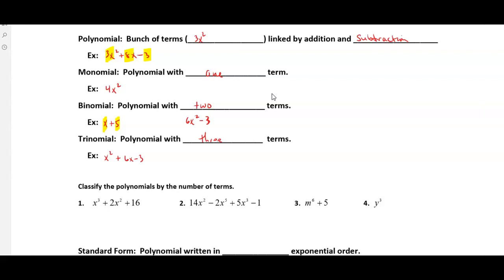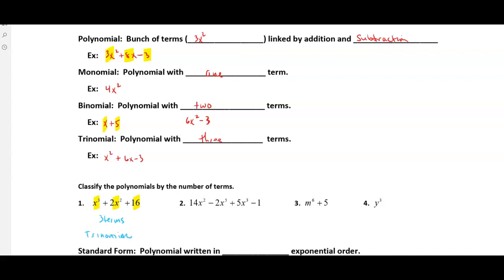Okay, so if we had to classify the following polynomials by the number of terms, if I look at the first example, we have 1, 2, 3 terms. So this has three terms, and a polynomial with three terms is a trinomial.